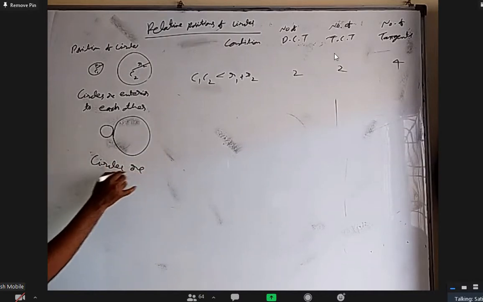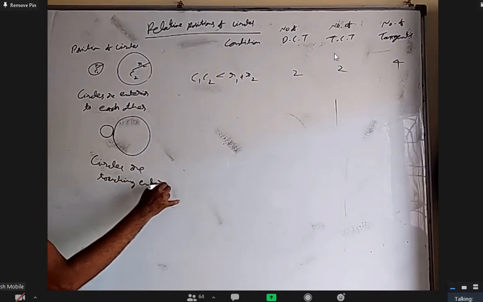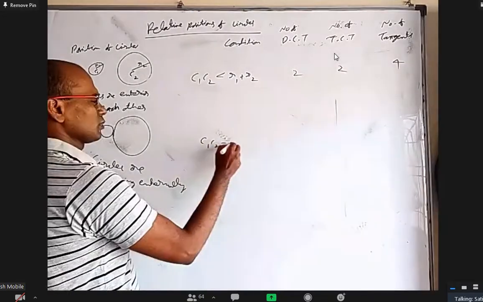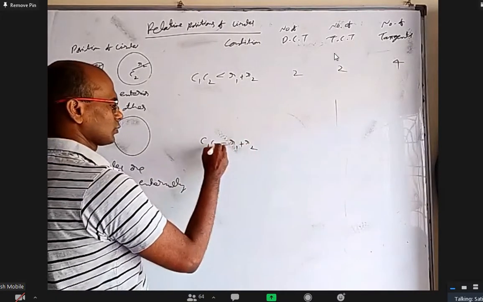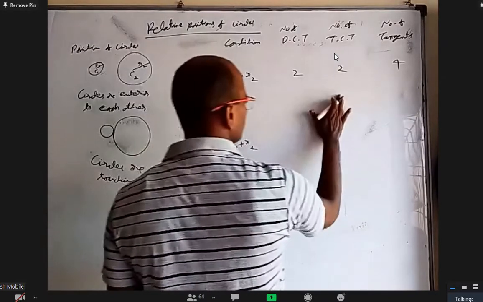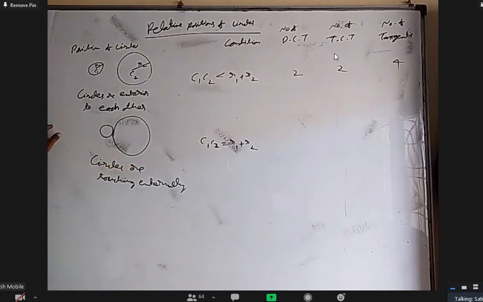Circles are touching externally. Then C1C2 is exactly R1 plus R2. Direct common tangents will be 2, but transverse common tangents will be only 1.